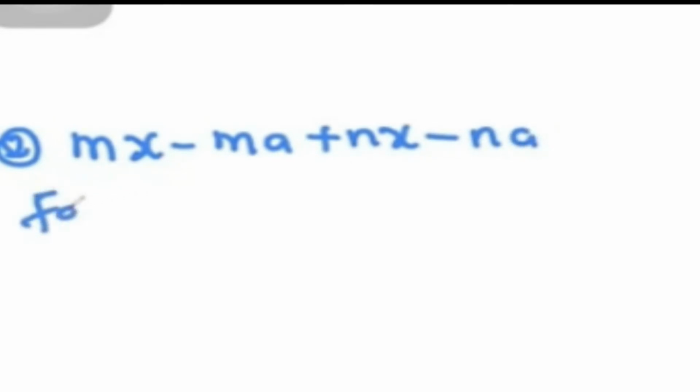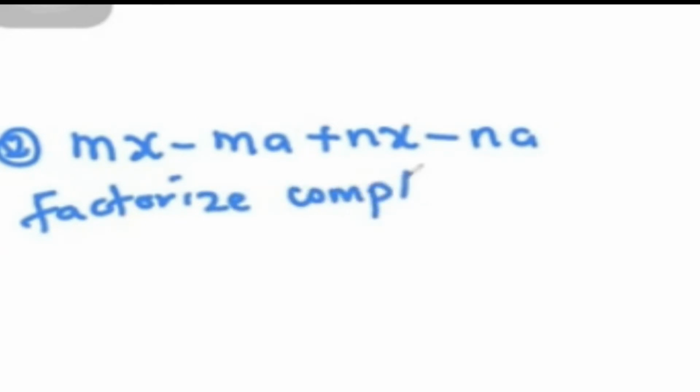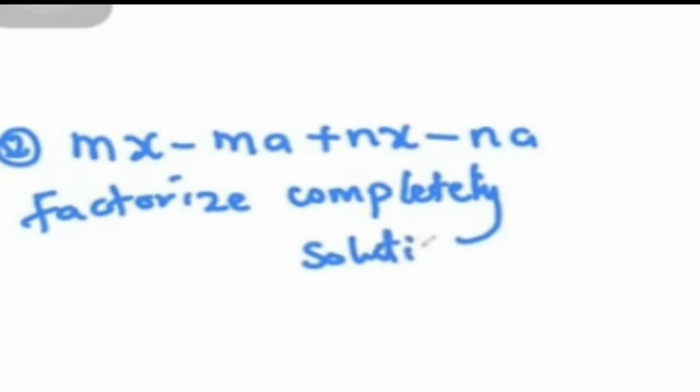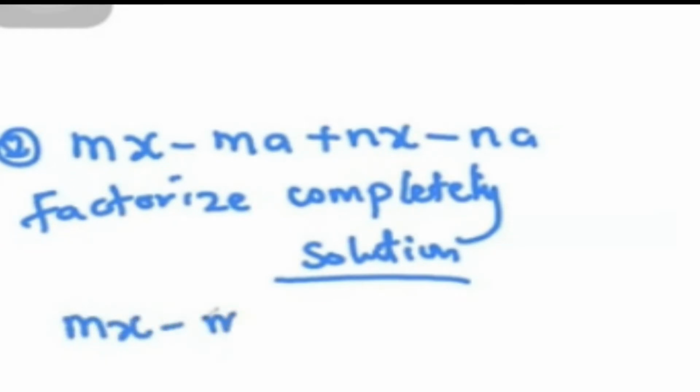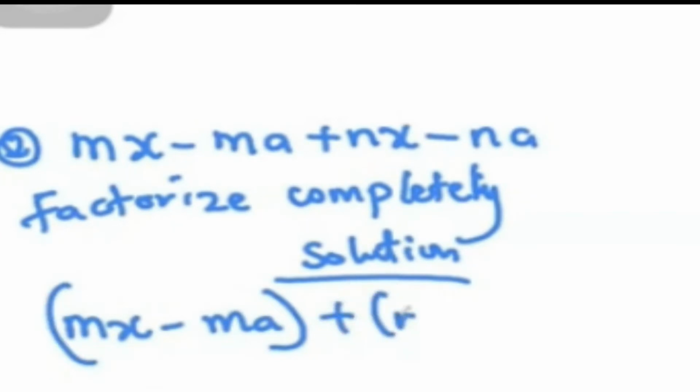Factorize completely. I'm giving you 2 minutes. So you're going to group this: mx minus ma in one bracket, plus then nx minus na.